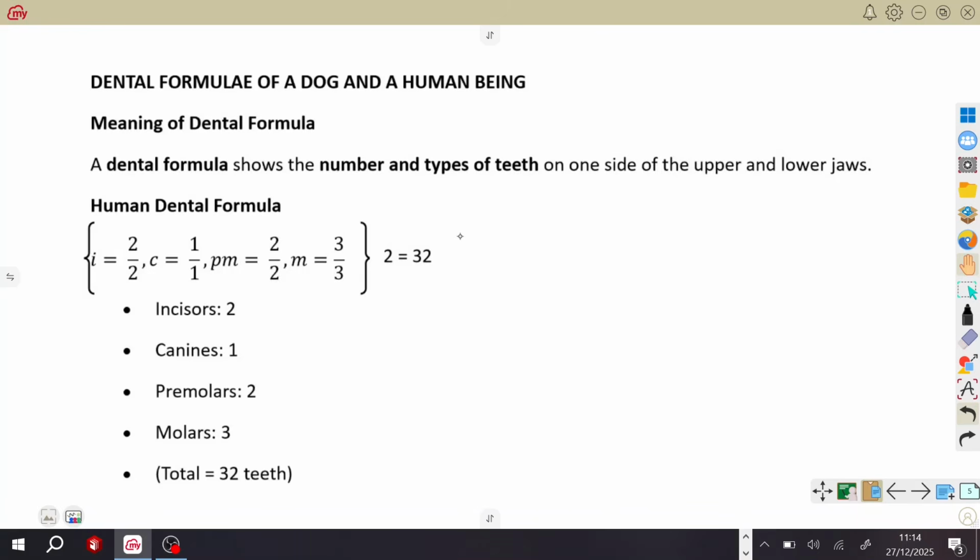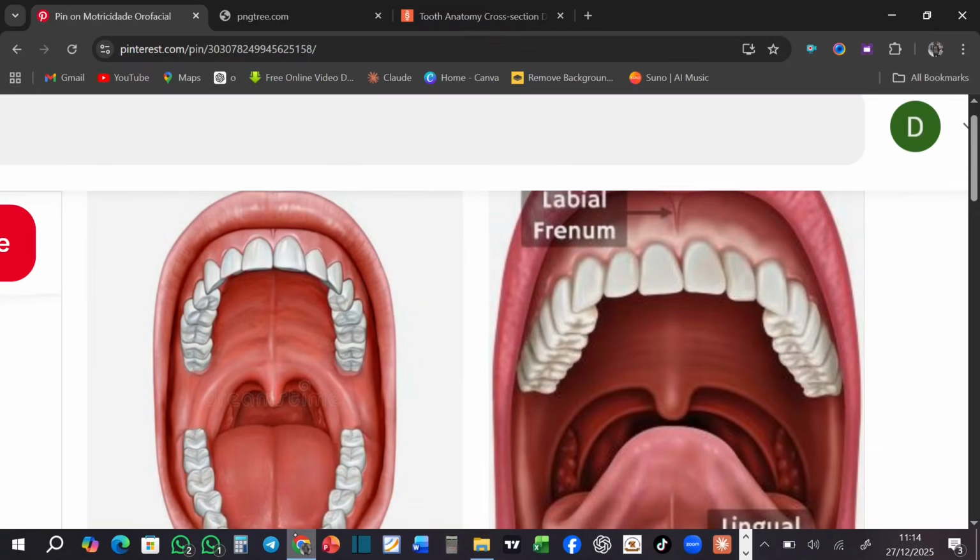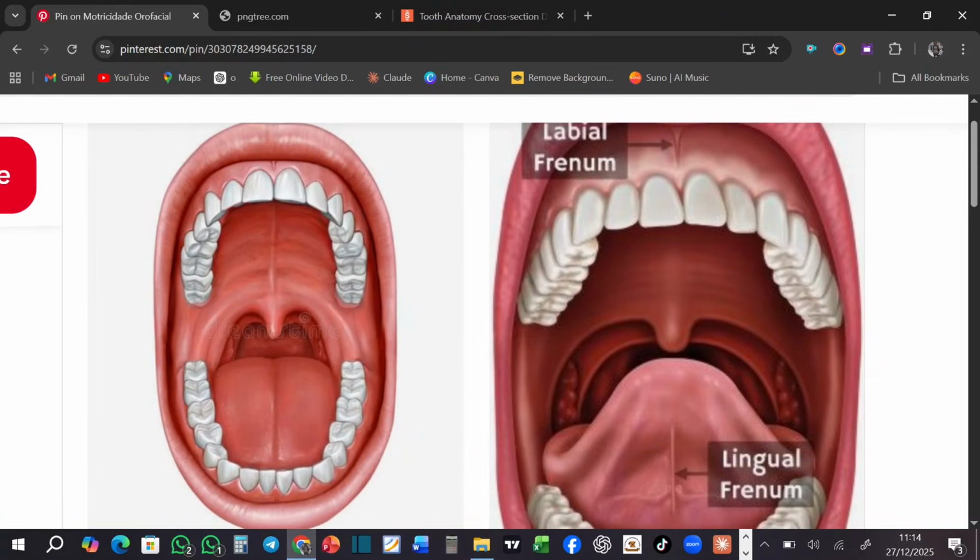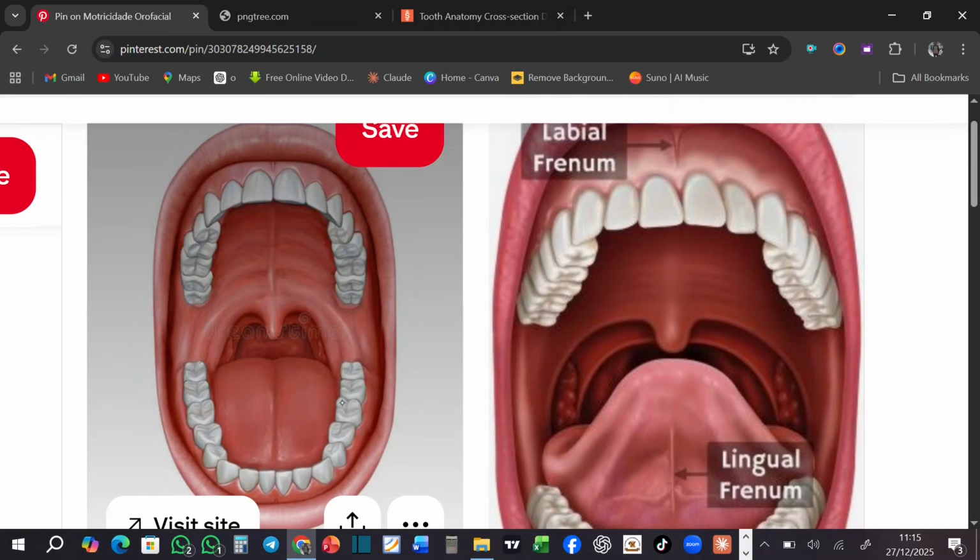So, meaning of dental formula now. What do we mean when we say dental formula? Dental formula shows the number and types of teeth on one side of the upper and lower jaw. Like when we looked at this image here, we have come up with the formula now, which shows one side, the half of the jaw.